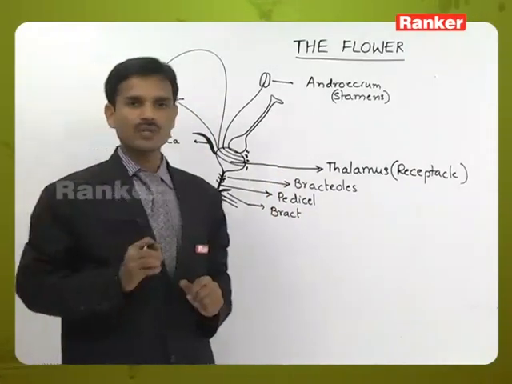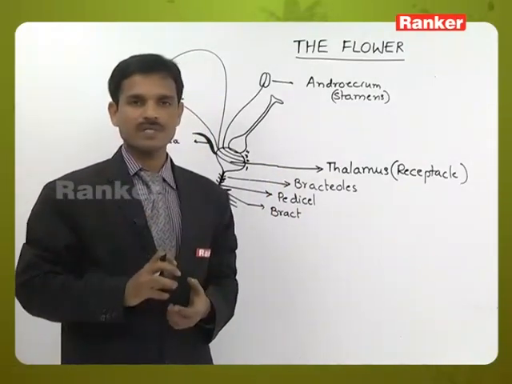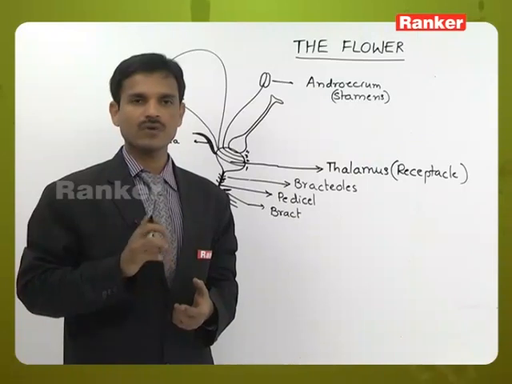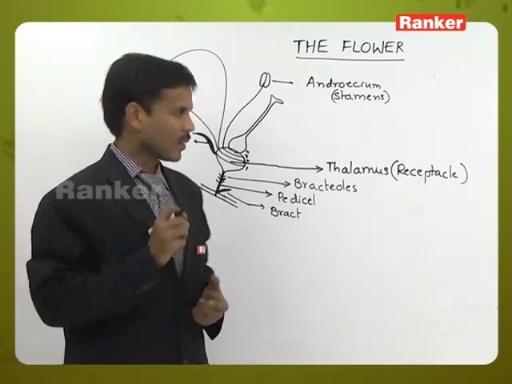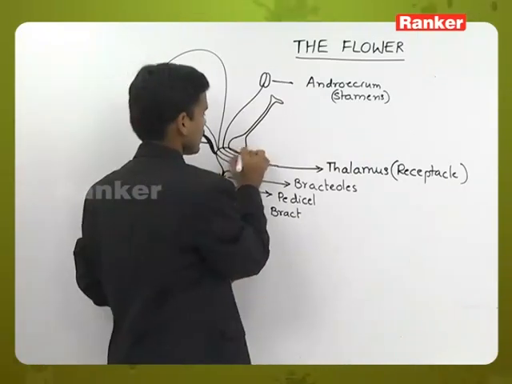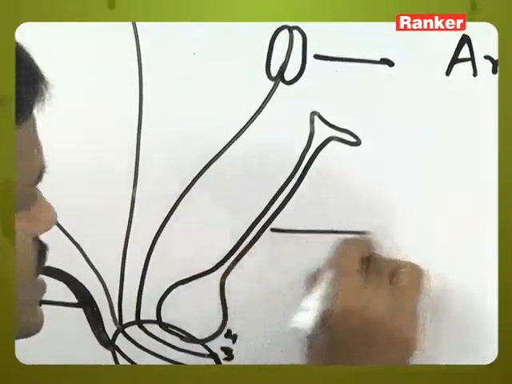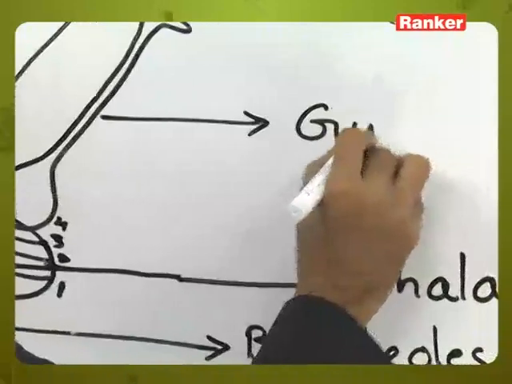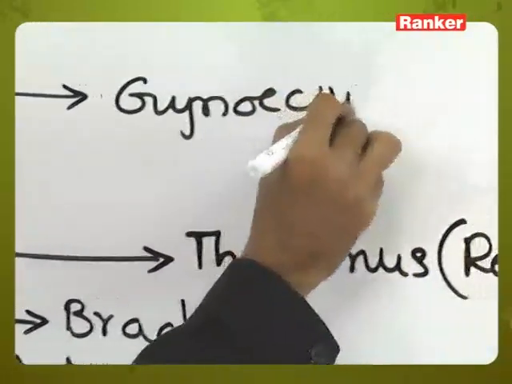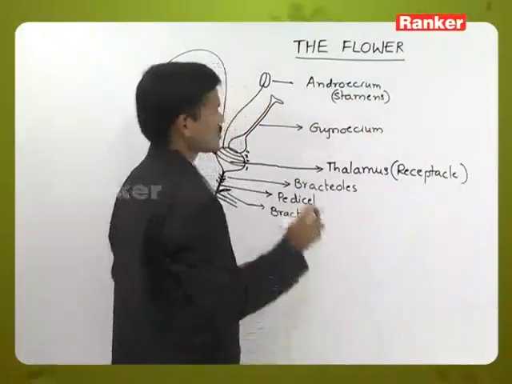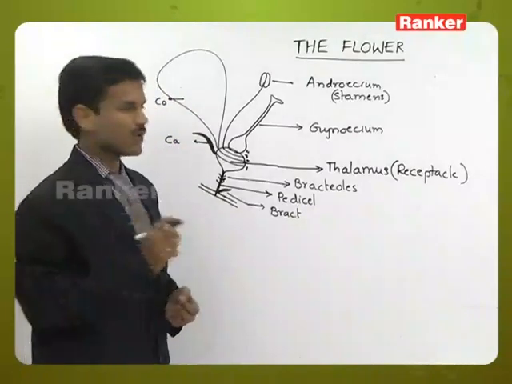And at the fourth node carpels are present. At the fourth node, the floral leaves are called as carpels. So the carpels are forming the gynoecium. Gynoecium is composed of a number of carpels.